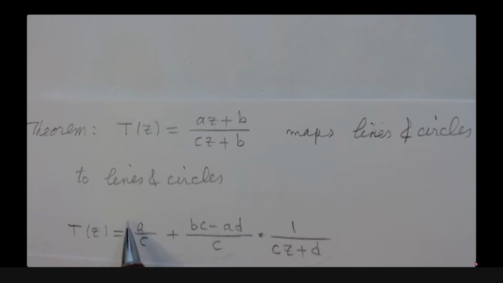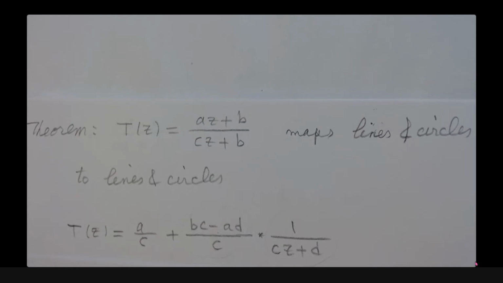we know that adding a constant to a line or a circle will make a line and a circle. And multiplying by a constant also will do the same thing.